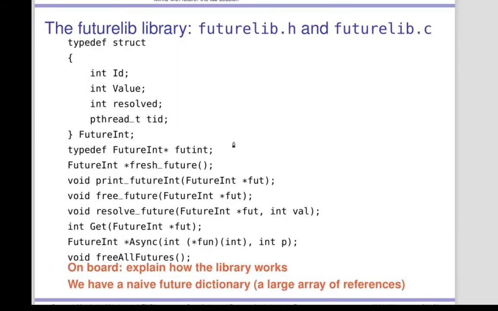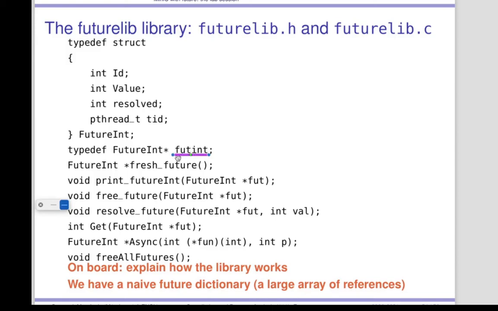The other functions that I declared in the .h header and that you should implement in the C library are the following. So first, there's a type definition that just says that futint is a shortcut for pointer to future int.